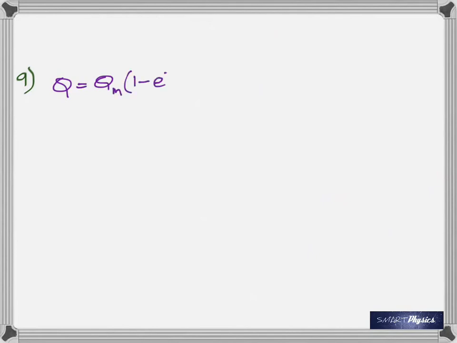Number 9 is charging a capacitor through a resistance, which is given by this equation. Q is Qm, which is the maximum charge, times 1 minus e raised to minus t by tau. Now here tau is the time constant, which is RC, okay? So you can write it that way. And the problem talks about potential energy.